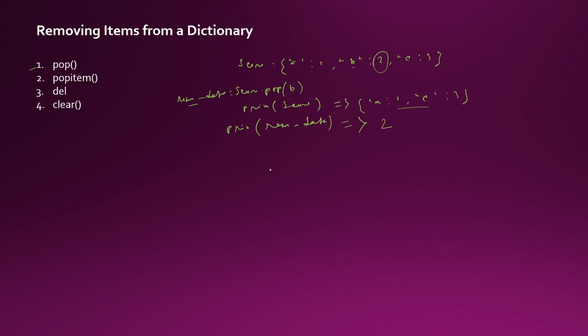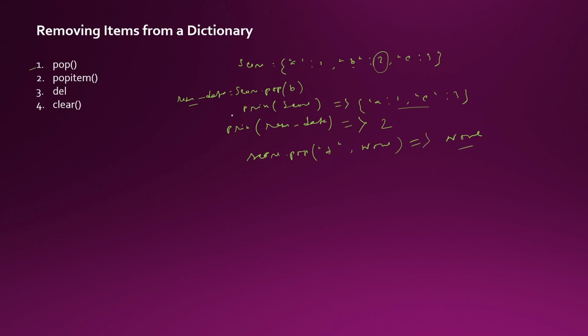Also pop holds a default value as well. For example, if I perform score dot pop and mention a key that is not present, suppose D, and I mention my default value None, then when I execute this, D is not there in my dictionary, so it will give me the output as None.